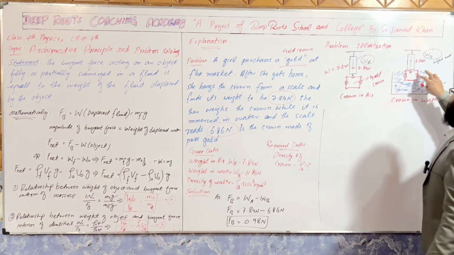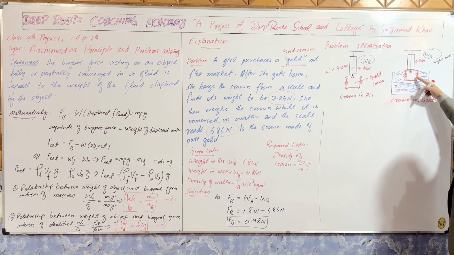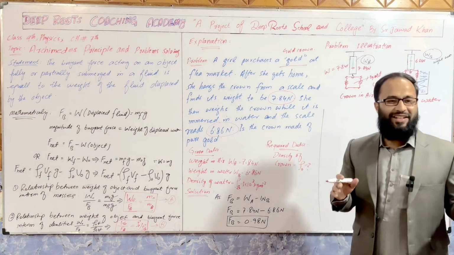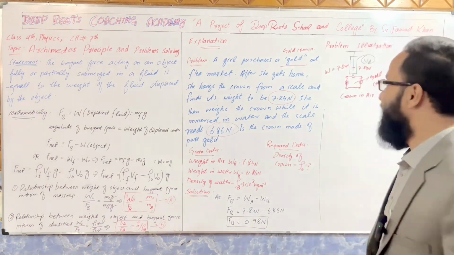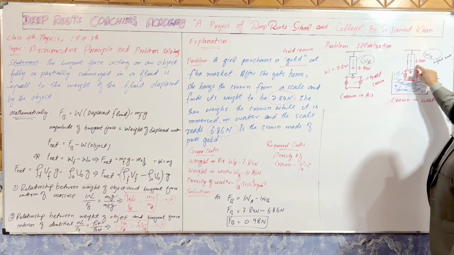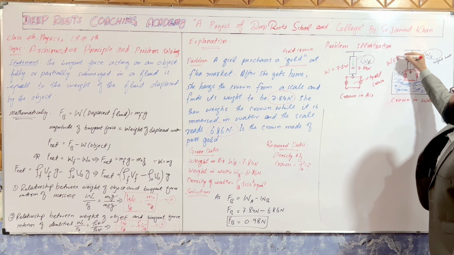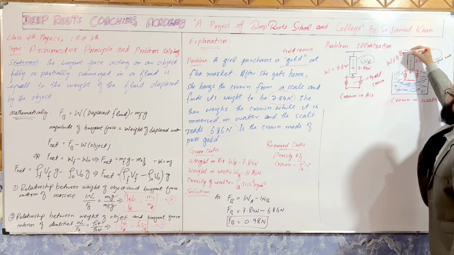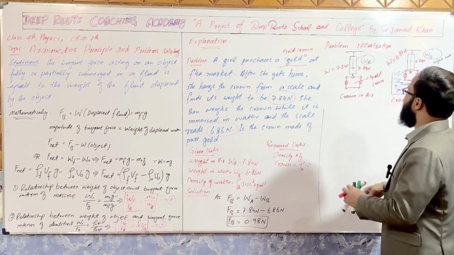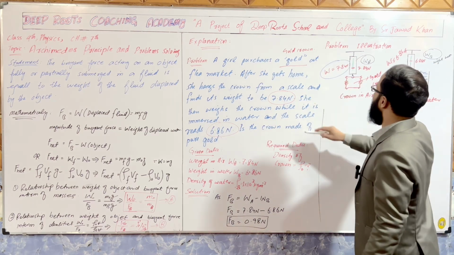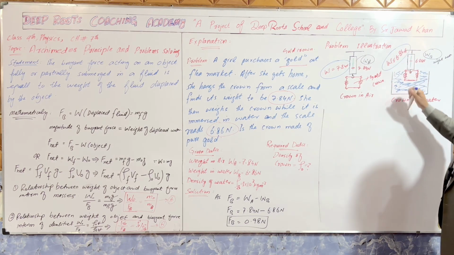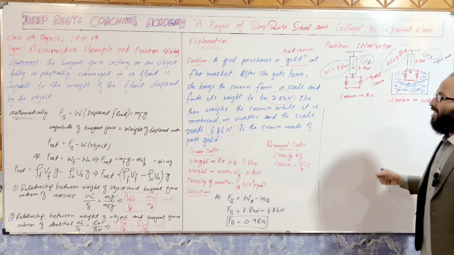She again hangs the crown to the similar scale, but now the crown is immersed in the water, and she notices that the weight of the crown is now 6.86 Newton. As you can see, the weight of the crown or the gold is greater in the air, and the weight of the crown is lesser in the water.